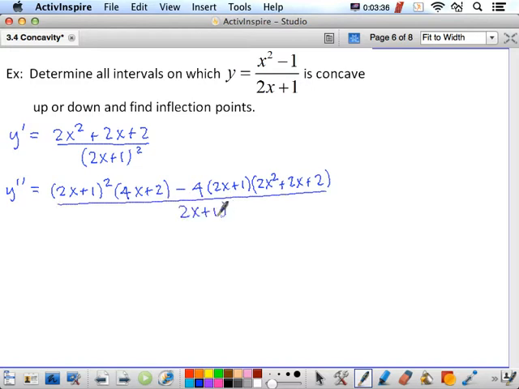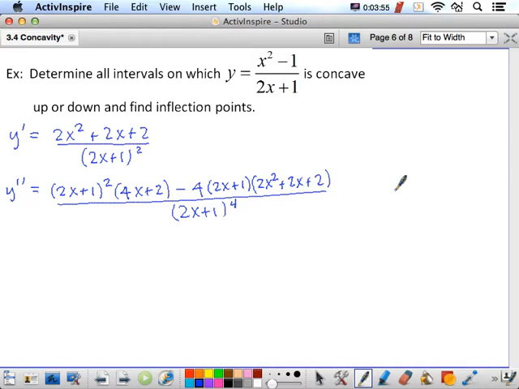So I'll give you a second to see if you made it that far. This is low, d high minus high, and this is d low. Don't forget the chain rule in there. All over low low.